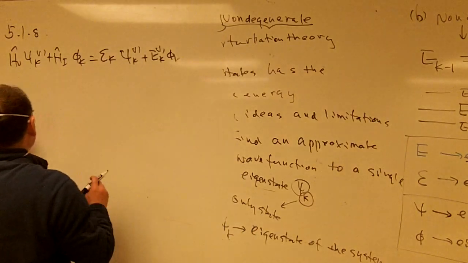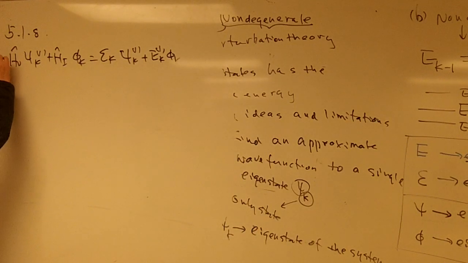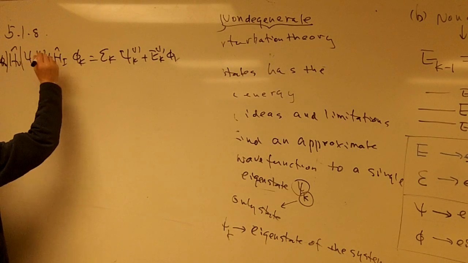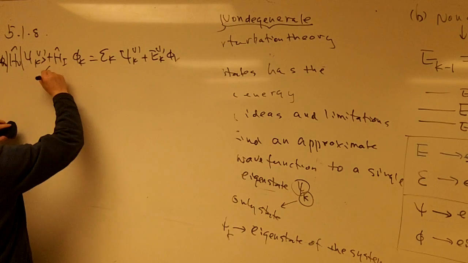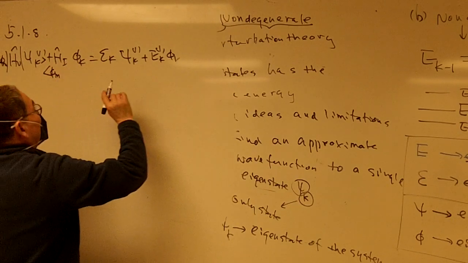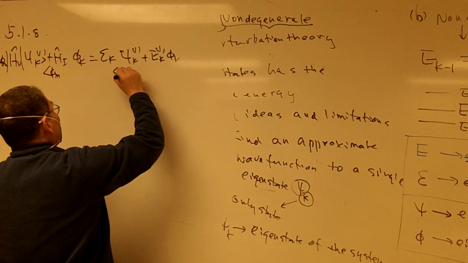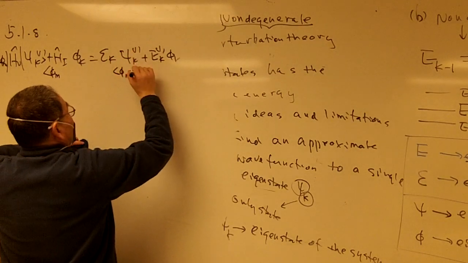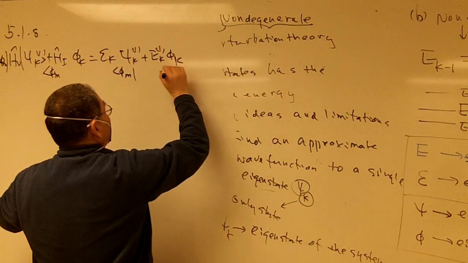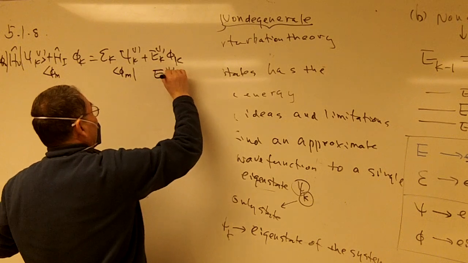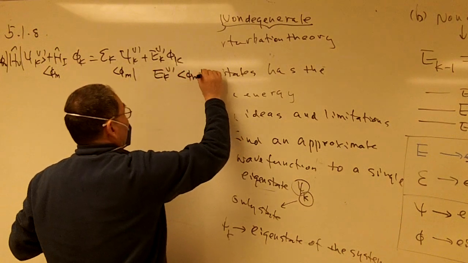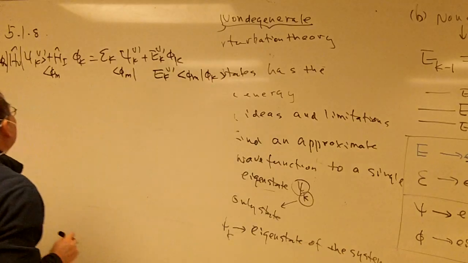Now we say that we're going to left multiply by phi sub m. So this will be left multiplied by phi sub m, so this will be an integral. Same thing here, this is left multiply by m. And here's the same phi sub m, and left multiply. And this is the same thing here, epsilon k left multiply by m like this.